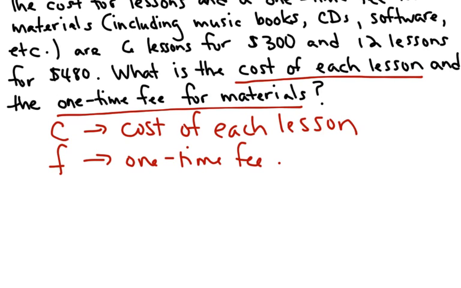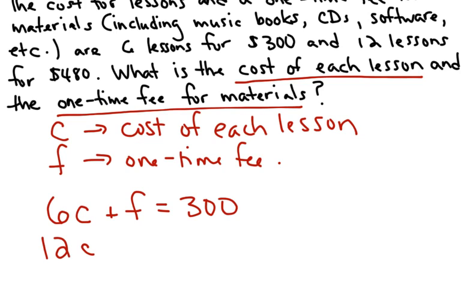So one of the equations has to do with 6 lessons at whatever the cost is, plus the one-time fee is going to be a grand total of $300. Our other equation: the 12 lessons times the cost of the lesson plus the one-time fee will cost $480.